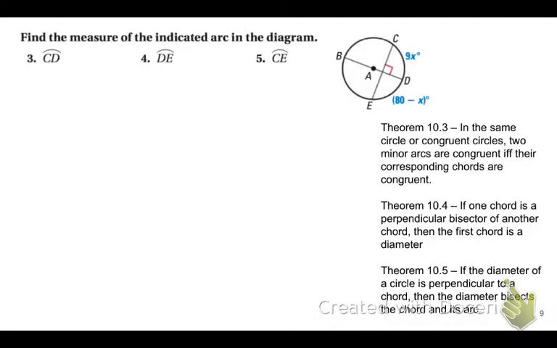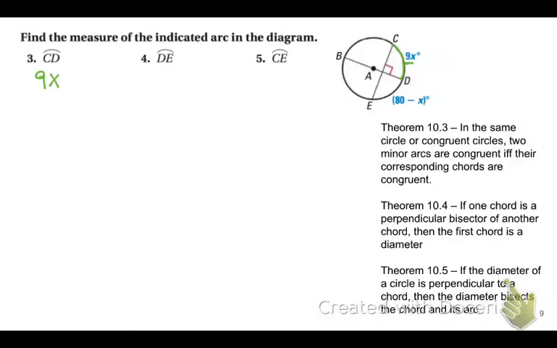This one's going to be similar. Find the measure of the indicated arc in the diagram. So number 3 asks for arc CD, and we're given that it's equal to 9x.